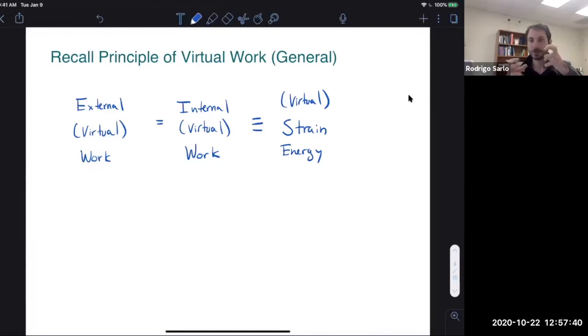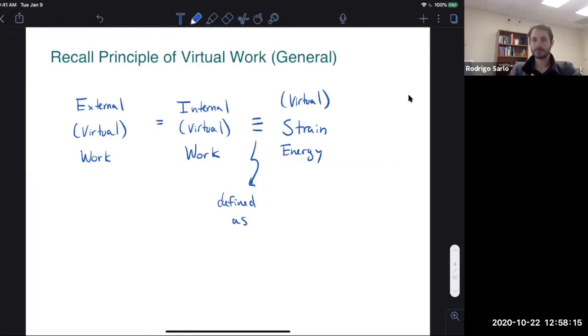So internal work is due to the internal strains that are developed in our structure as it's deforming. Okay, so I'm putting virtual here in parentheses because you can remove it and you still have a valid equation. It's just not the virtual work equation. It's just conservation of energy, right? But if we include the virtual there, then it's virtual work. And this three lines means defined as. Okay. So we're going to start from here.